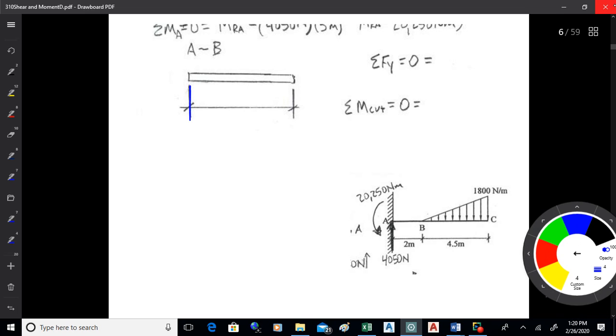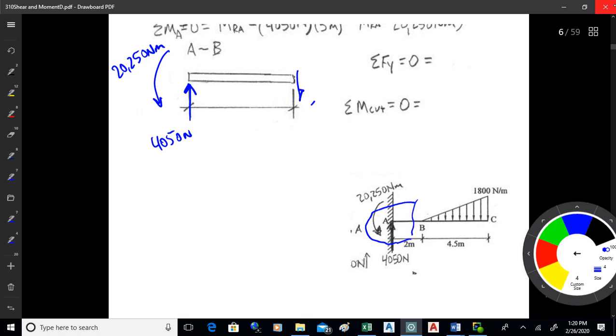On the left, I show the reaction, 4050 newtons, and then I've got that couple, which is 2250. Yeah, 2250. As I work my way from A to B, you'll notice there's no load in there, so I don't show anything on the beam except at the end, because as I work my way across, here's my free body diagram, I'm cutting through the beam.